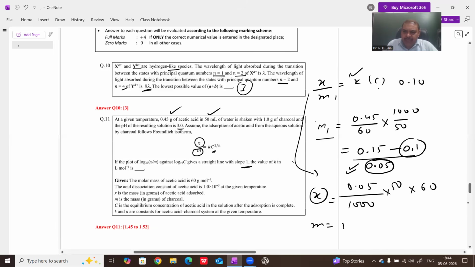And as we find K, the answer is 1.5. Exact answer 1.5. Check the answer.